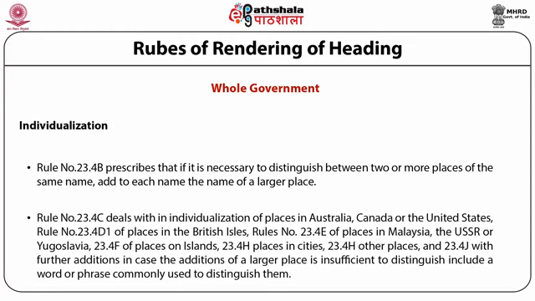Rule number 23.4D, of places in the British Isles. Rule numbers 23.4E, of places in Malaysia, the USSR or Yugoslavia. 23.4F, of places on islands. 23.4G, places in cities. 23.4H, other places, and 23.4J, with further additions: in case the addition of a larger place is insufficient to distinguish, include a word or phrase commonly used to distinguish them.